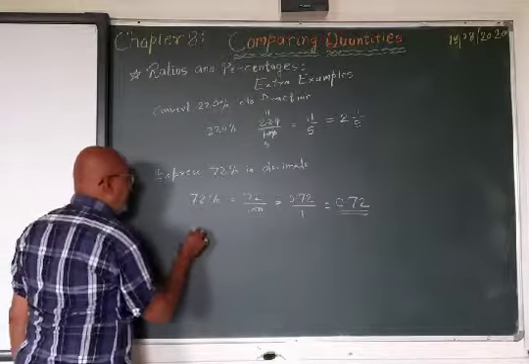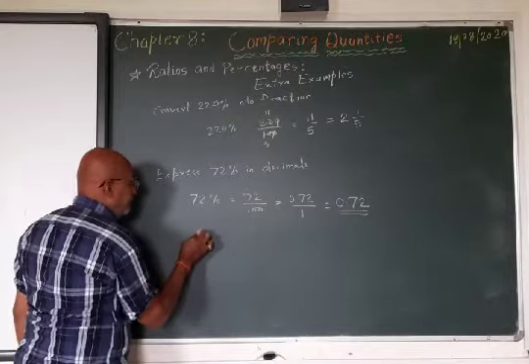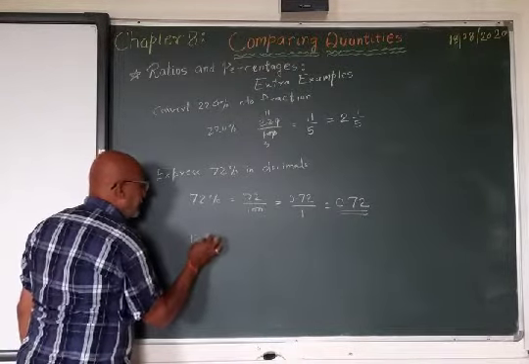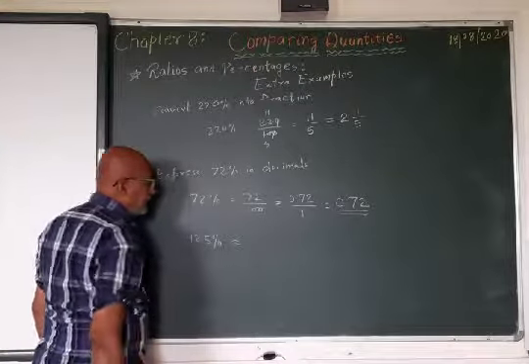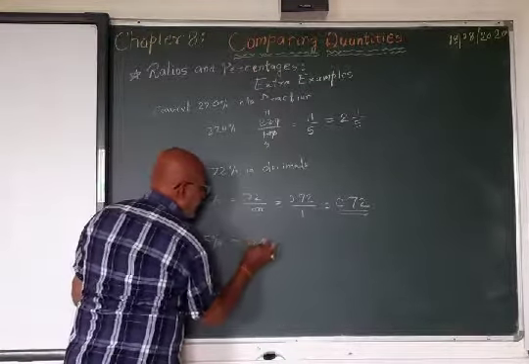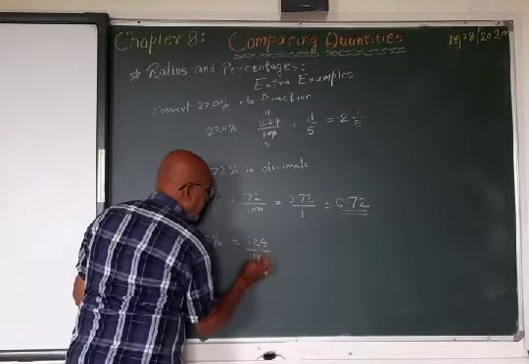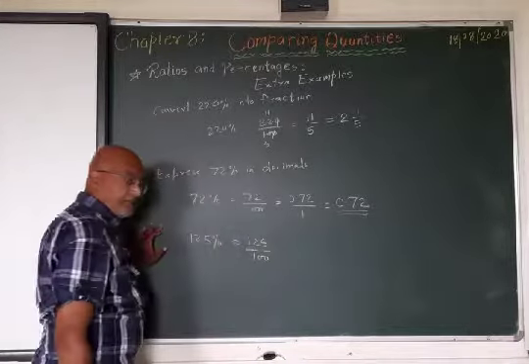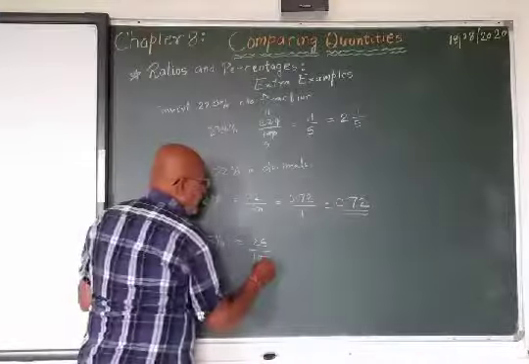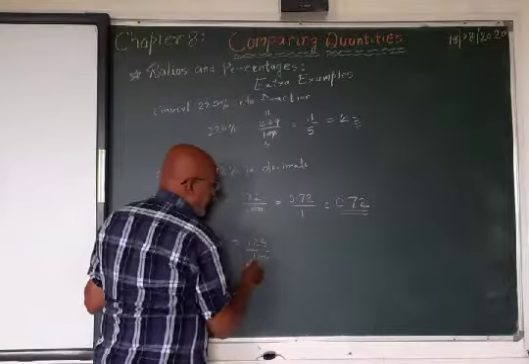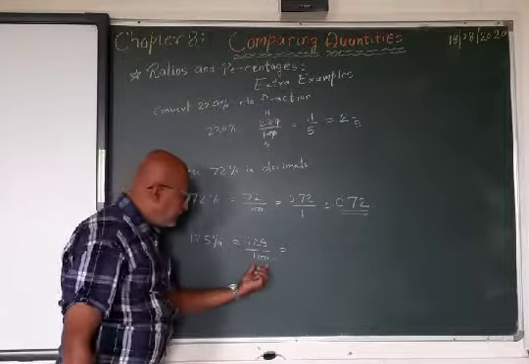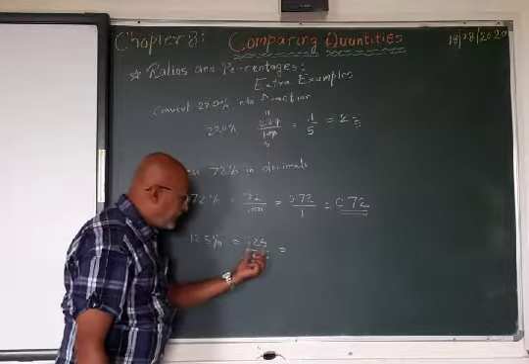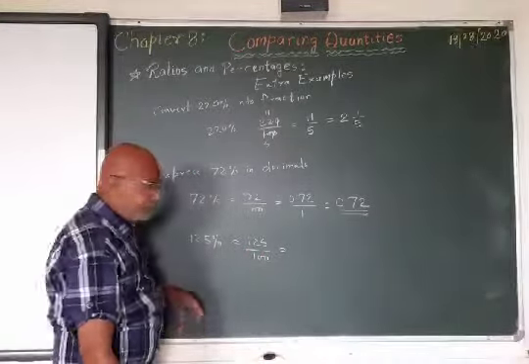One more example we can take. Say 125% equal to 125 upon 100. Now you can see 25 is the common multiple of these two.